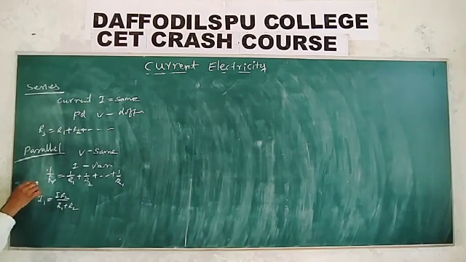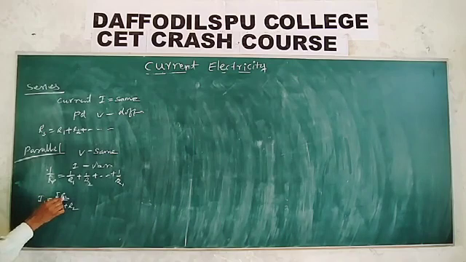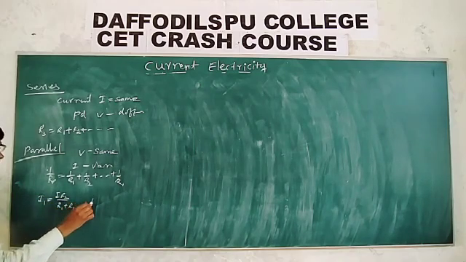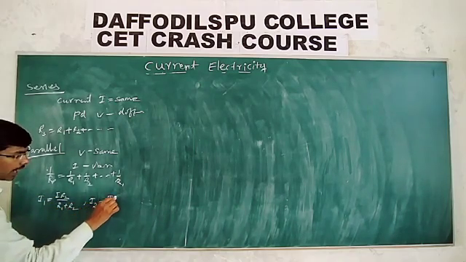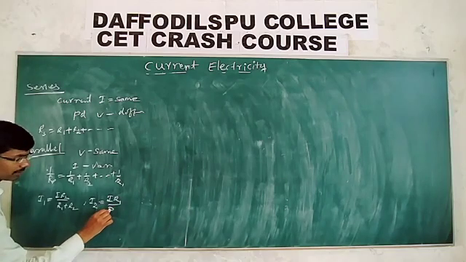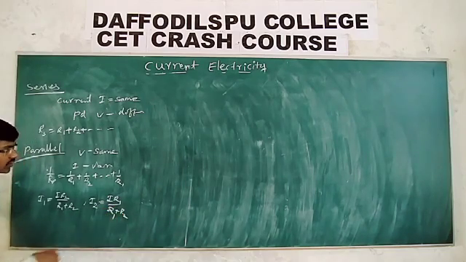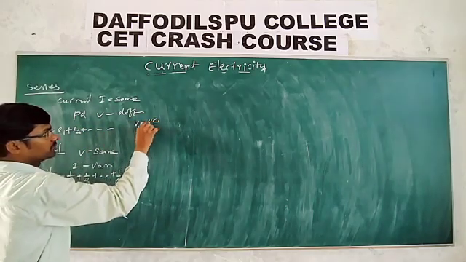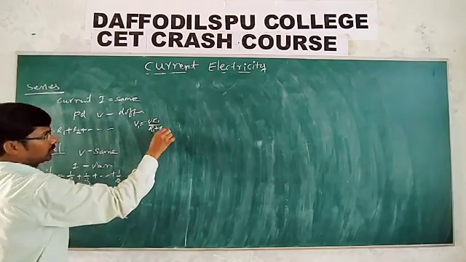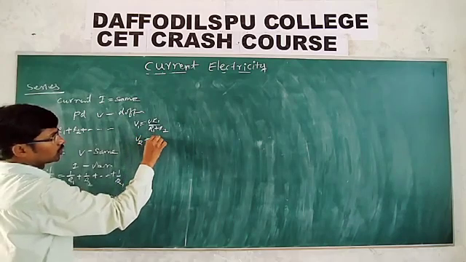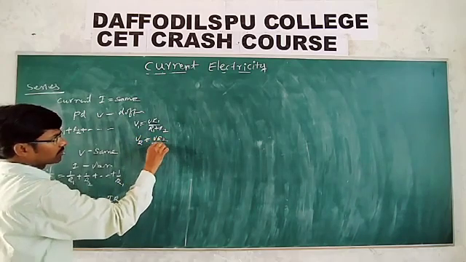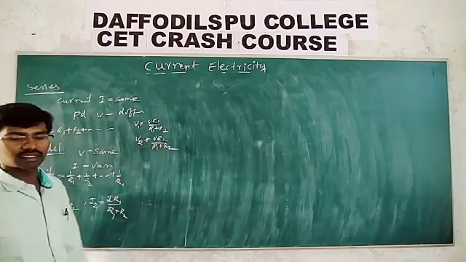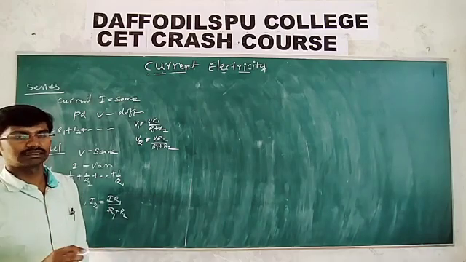I1 means the current in the first resistor, R2 the opposite resistor. Similarly, I2 is equal to I R1 by R1 plus R2. Even here also V1 is equal to V R1 by R1 plus R2, whereas V2 is equal to V R2 by R1 plus R2, the potential difference across the second resistor.